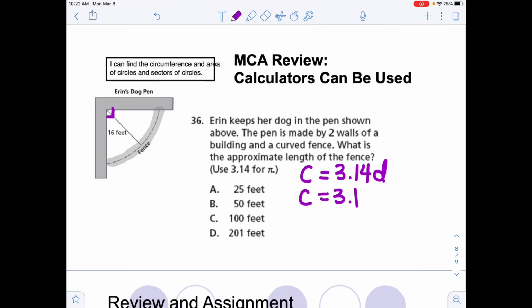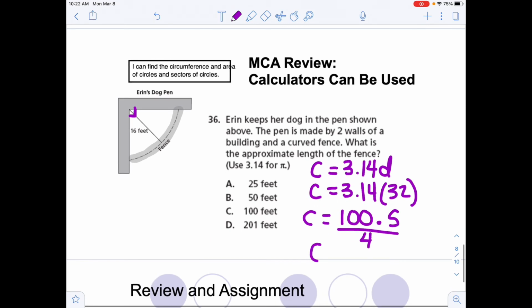So I have 3.14 times, and if my radius is 16, that means my diameter is 32, because the diameter is double the radius. 3.14 times 32 gives me 100.5 rounded, and then I'm going to divide that by 4 because this is just 1/4 of the circle, and that gives me that 1/4 of the circumference is about 25 feet. So our answer would be A.